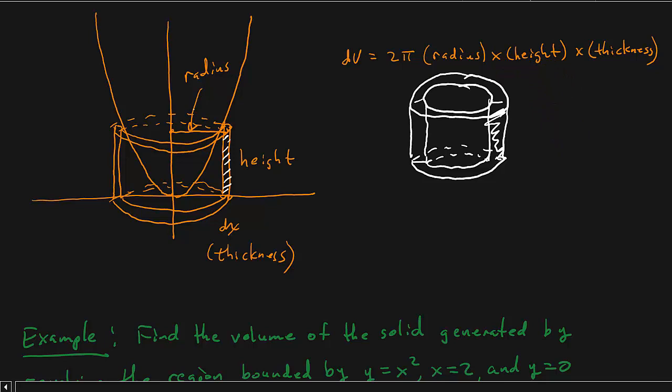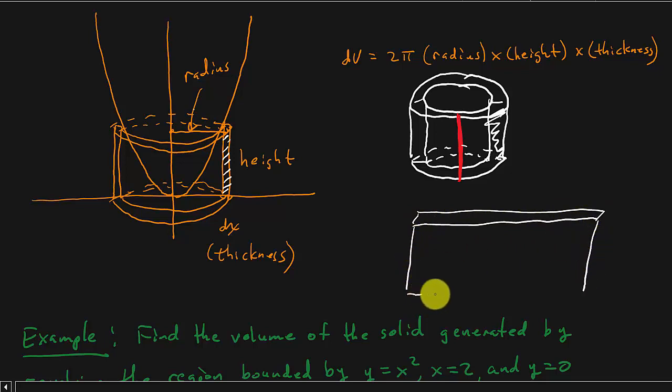The volume I'm talking about, let's just say that we took this cylinder and we cut it right here, and then we folded it open. What would that look like? Let's see if I can draw this half decent. It would look something like this, wouldn't it?